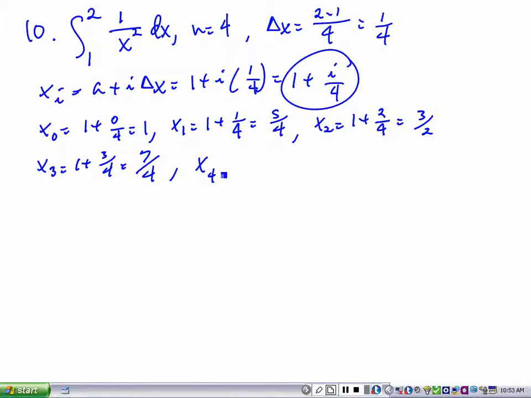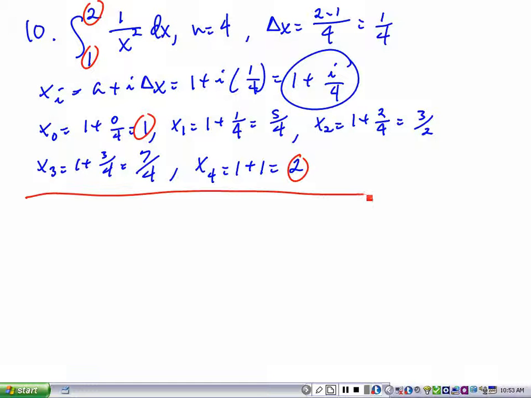And then x of 4 is 1 plus 1, and that gives us 2. So indeed, this partition is well defined because we go from 1 to 2, right? We need that information to work parts A and B.